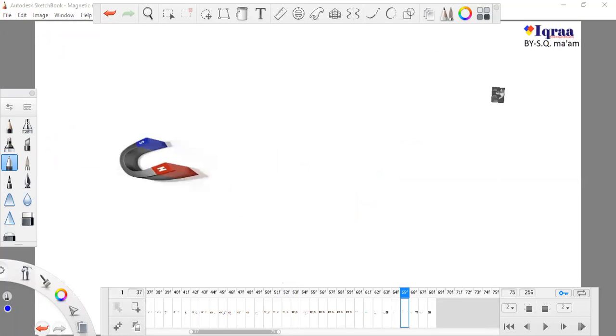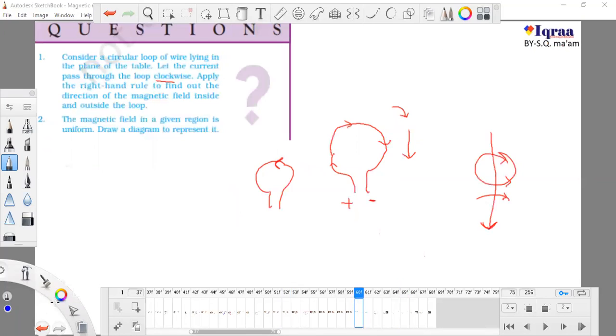So our question is asking that the magnetic field in a given region is uniform, and we have to draw a diagram.